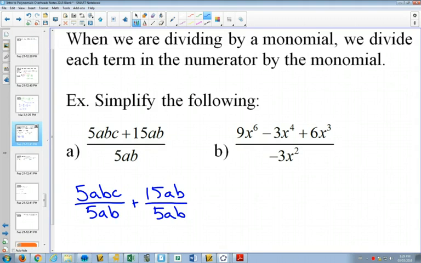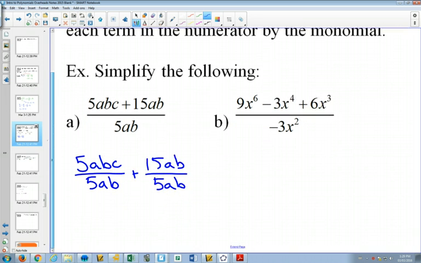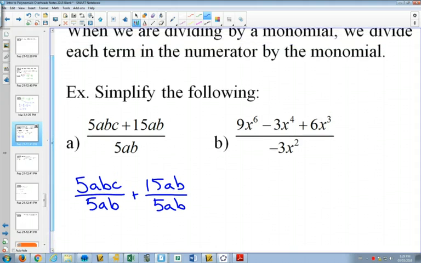So we take each term in the numerator and divide it by 5ab. Then we can simplify. What can you do with the numbers? 5 divided by 5 is 1. So we don't have to write a 1, but we could if we wanted to. Can you see that the a's will cancel out?